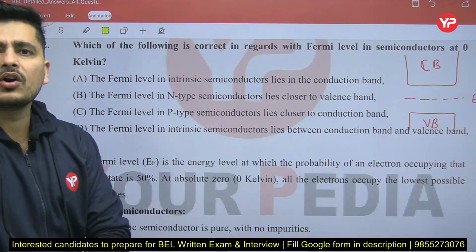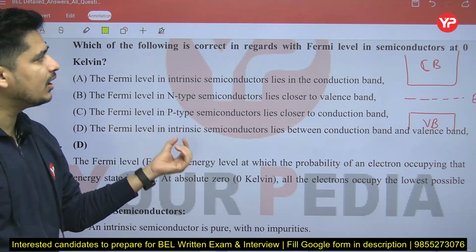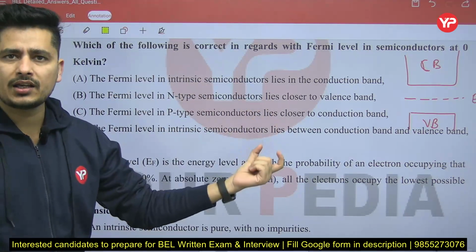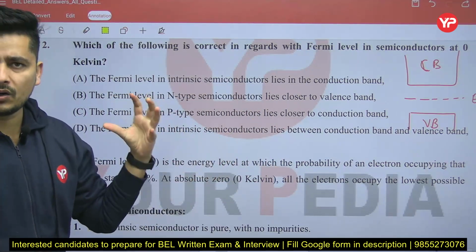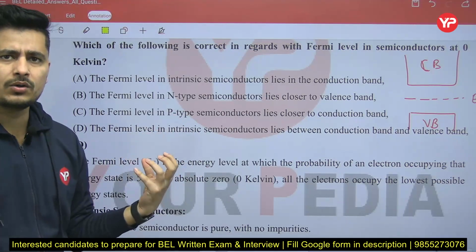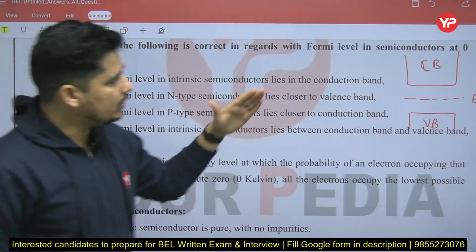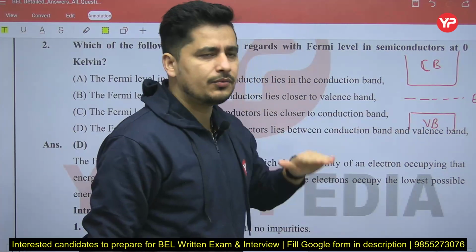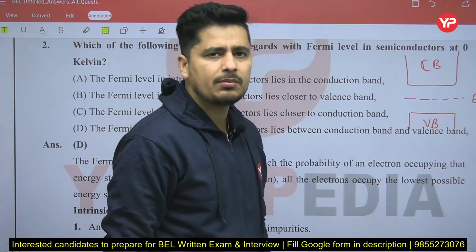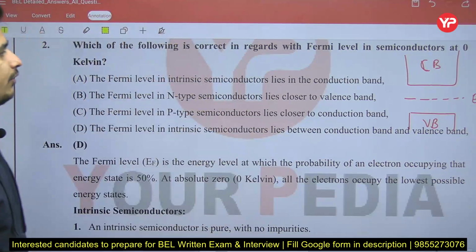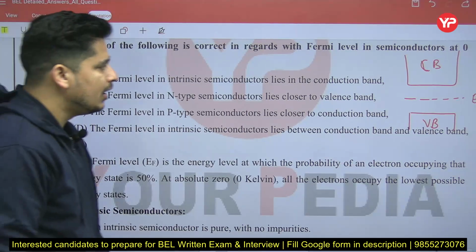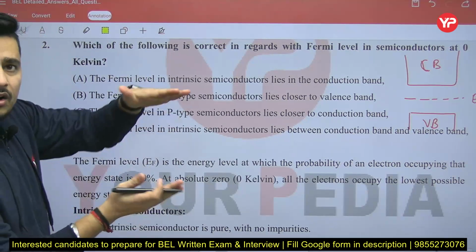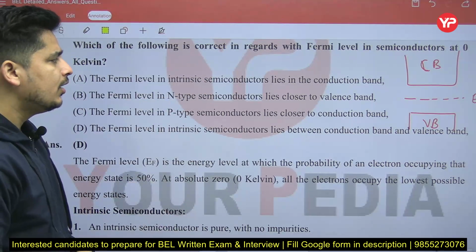Because at 0 Kelvin, the semiconductor behaves like an insulator, since all the electrons are bound. All the electrons are available in the valence band, and no electron is available in the conduction band at 0 Kelvin. So at 0 Kelvin, the Fermi level lies in the middle between the conduction band and the valence band.